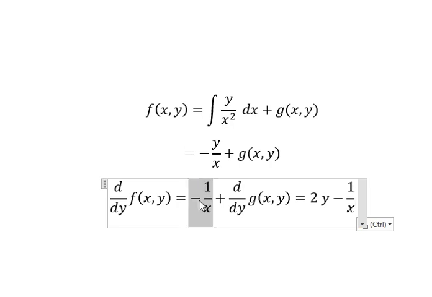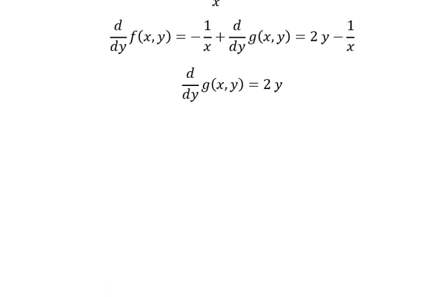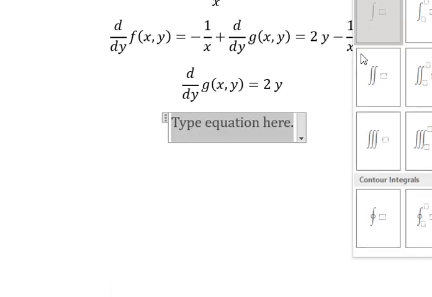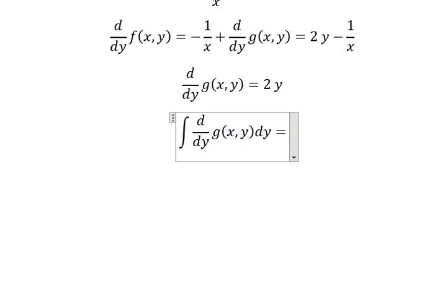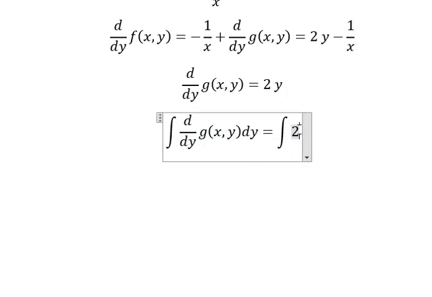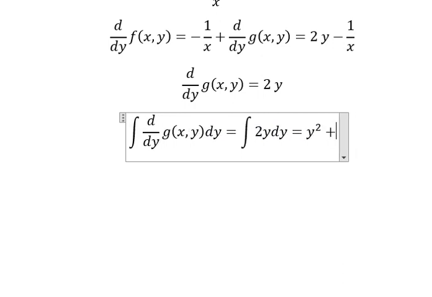And now we simplify both sides. So we put the integration for both sides. And we have y squared plus c.